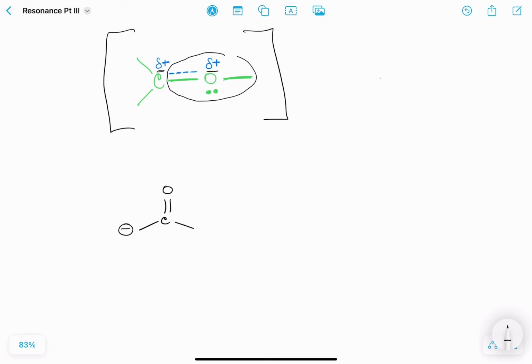Put a negative charge adjacent on this carbon, and we're going to go ahead and drop these down, kick these up. Let me go ahead and draw the lone pairs on there. And so our resonance structure will look like this.